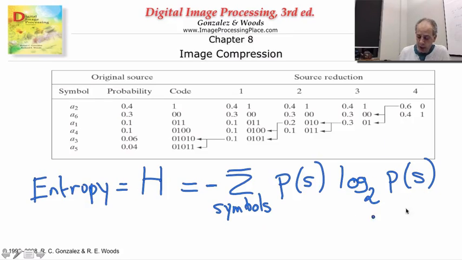This is actually at the end a positive number because all probabilities are below 1, and therefore the logs of the probabilities are negative numbers, and then with the negative we get a positive. And Shannon's theorem basically says that we can achieve, asymptotically, this code length on average. So this is what's achievable with codes like Huffman code. We can compute this number and say, oh, that's going to be my expected average code length.